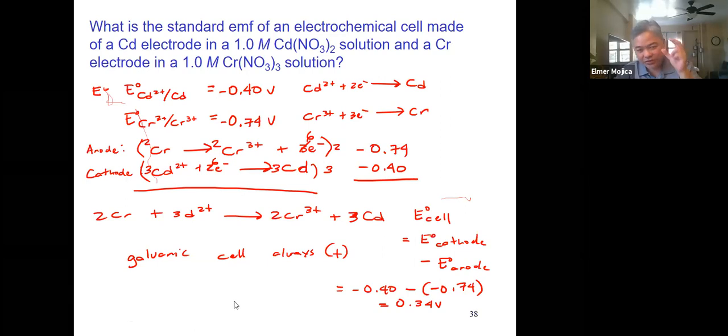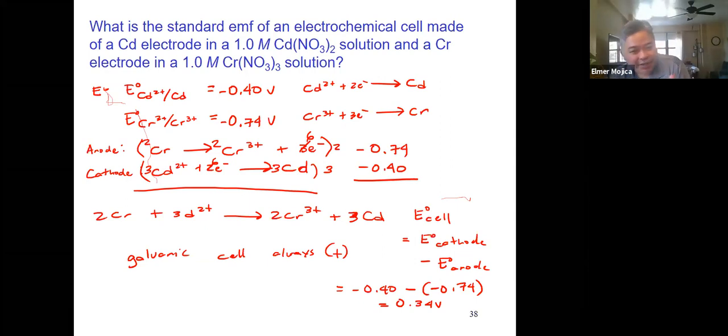You only use the table to construct a galvanic cell, because you need the table to determine the value of the reduction potential to determine which one is oxidized and which one is reduced. However, if an equation is given telling you which one is oxidized and which one is reduced, you just use the table to get the reduction potential.